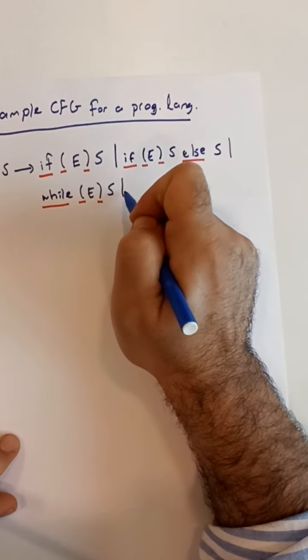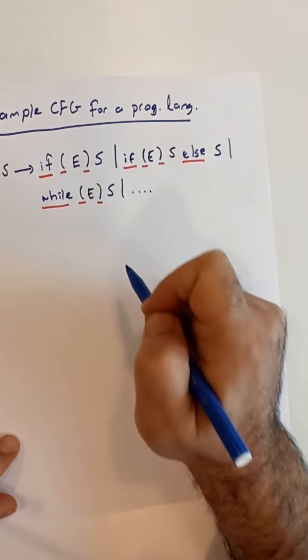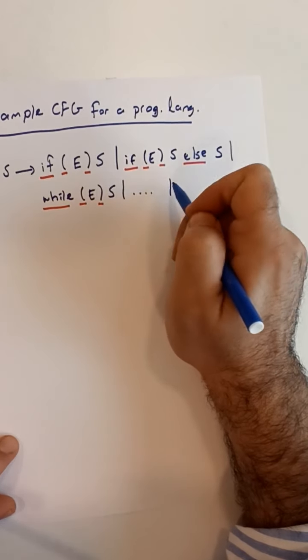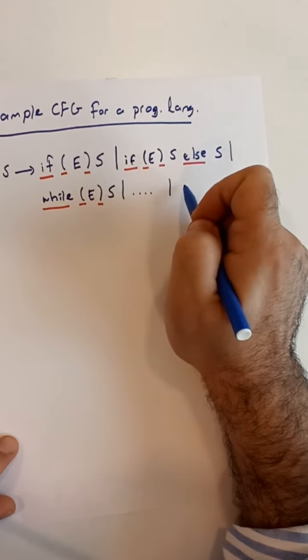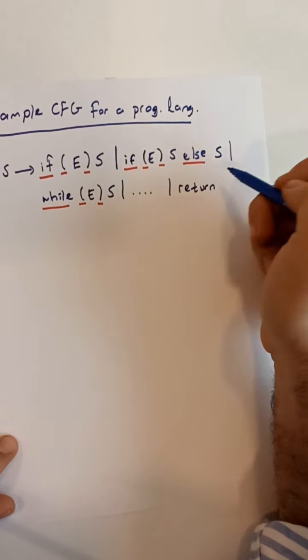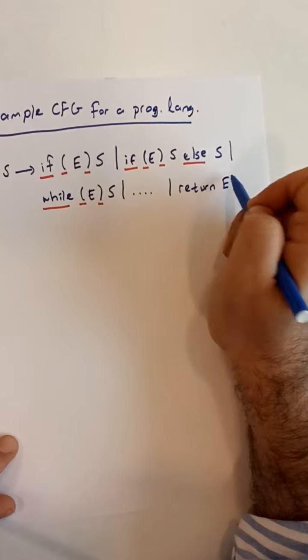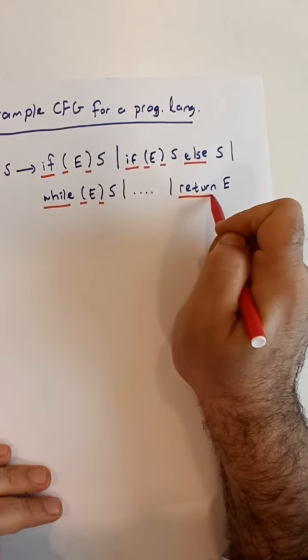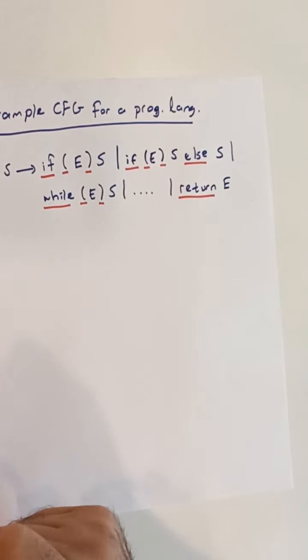So we could add further rules corresponding to the main constructs in our programming language. Let's just write down one last one. Return expression E. Again, for this rule, our terminal is the return keyword.